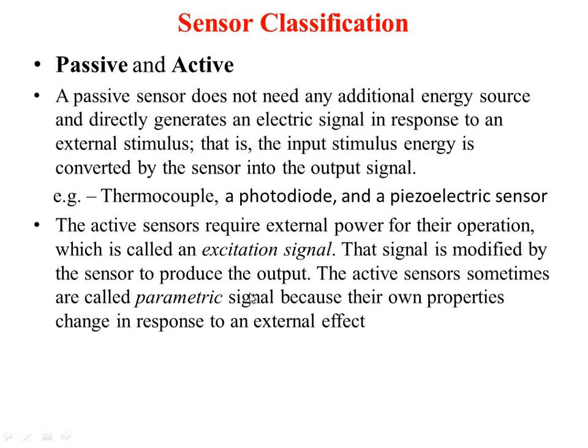An active sensor requires external power for its operation. That means it needs an excitation signal. These sensors are also called parametric sensors, because the sensors change their property in response to the external effect.